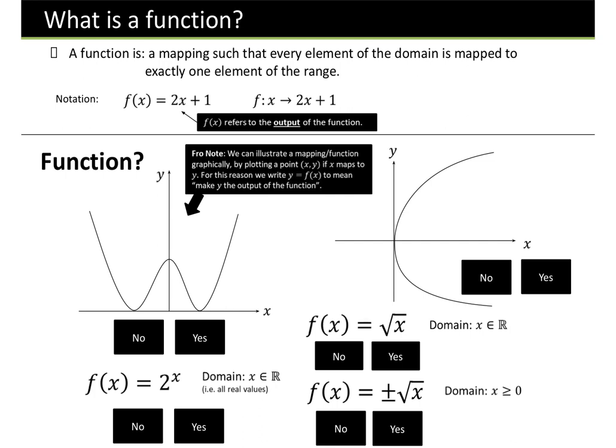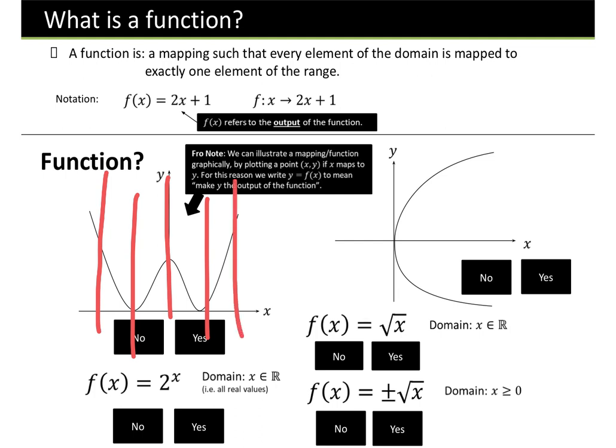If we drew a vertical line, can it only cross the graph once? Let's see my drawing skills. If I drew a straight line there, there's only one point where that red line crosses the graph. Same here and here and here. It doesn't matter how many lines I draw, they would only ever cross the graph once, right? So I would say, yes, this is a function.